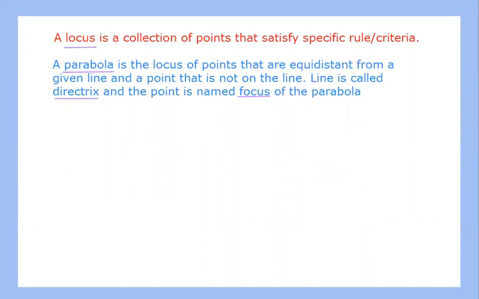Here's the question. Say you are given a focus at (-4, 3), and the directrix is also given. If you are told to find the equation of the parabola with these two, we will try that.